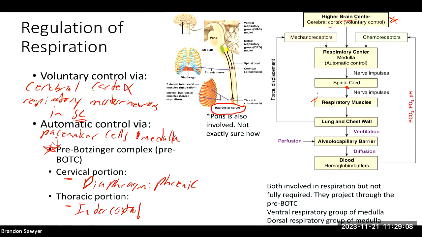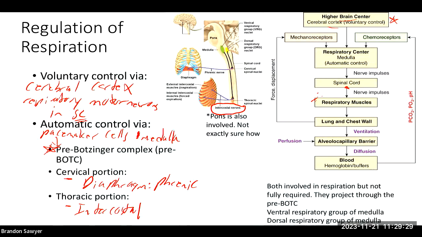These are similar to the pacemaker cells that we found in the digestive tract and in the heart as well, that are depolarizing on their own at a certain rate to maintain a certain rate of breathing. But this can be overridden, can be changed, things like that.